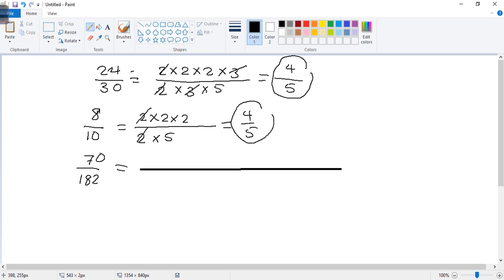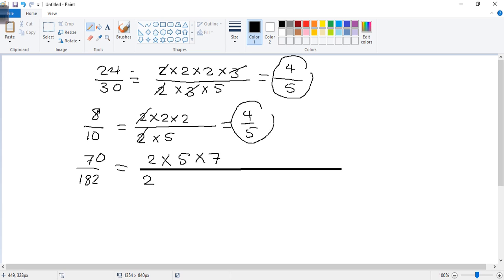What is 70? 70 divided by 2 is 35, and 35 divided by 5 equals 7. So 2 times 5 times 7 is 70. Then 182 divided by 2 is 91.